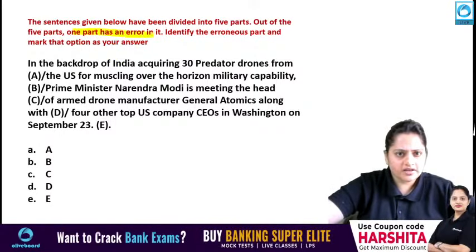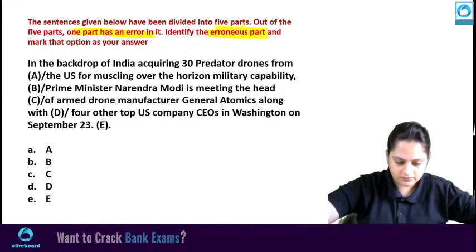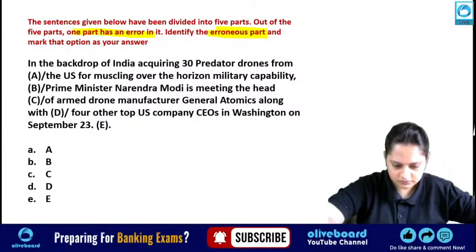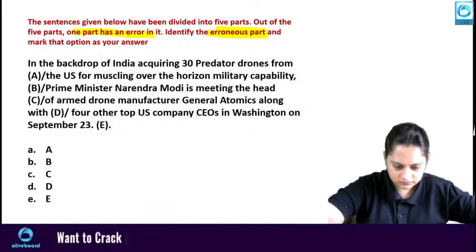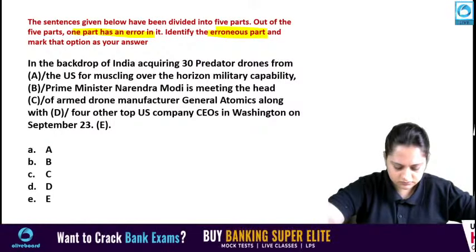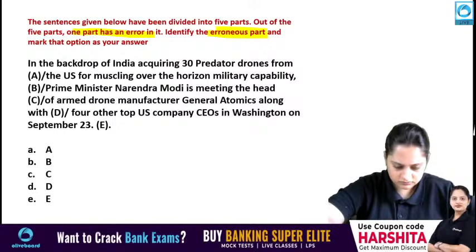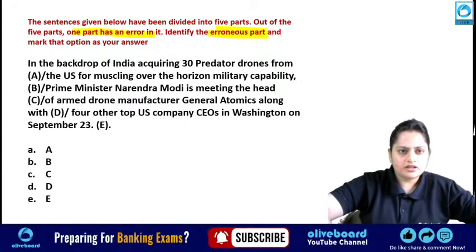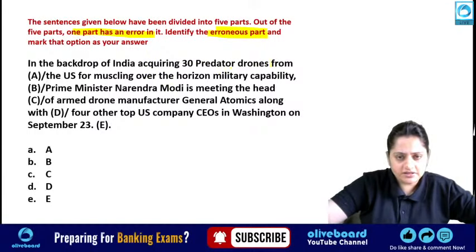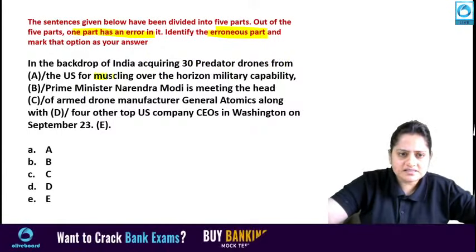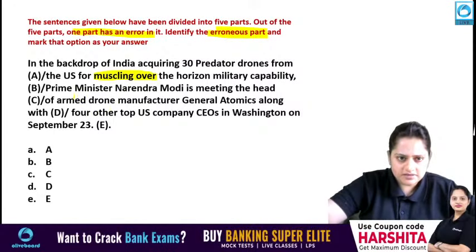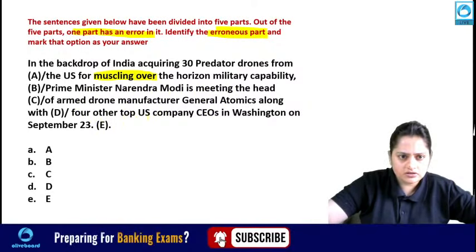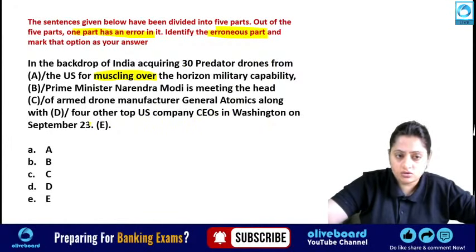Out of the 5 parts, one has an error. You have to identify the error part. In the backdrop of India acquiring 30 Predator drones from the US for muscling up the horizon military capability, Prime Minister is meeting the head of armed drone manufacturer along with 4 other top US company CEOs in Washington on September.